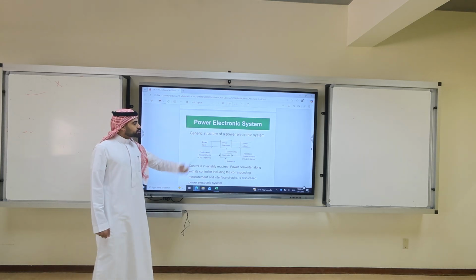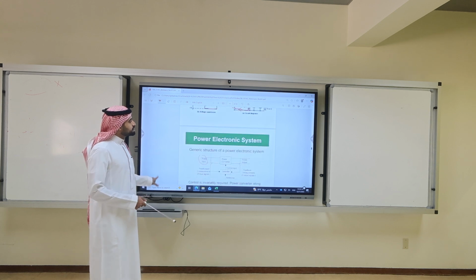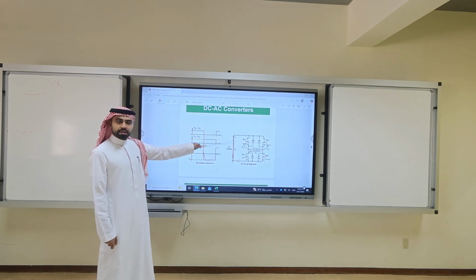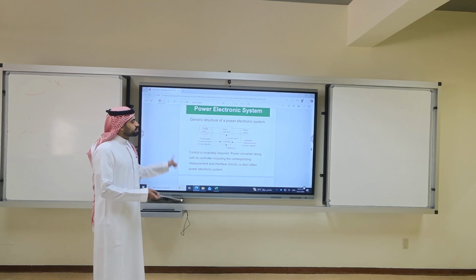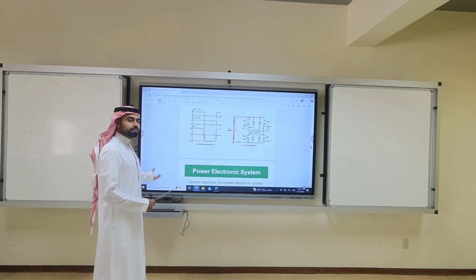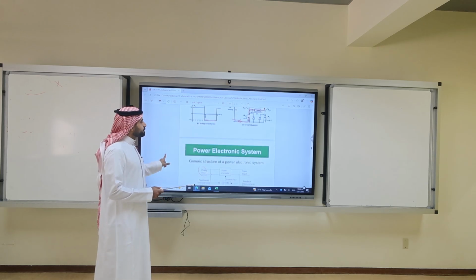It means for a power electronic system, we have input power. In this example, what is the input power? The supply, right? The supply is an input. Then I have the power converter, which is this structure, this circuit. And I have output power. What is my output power?